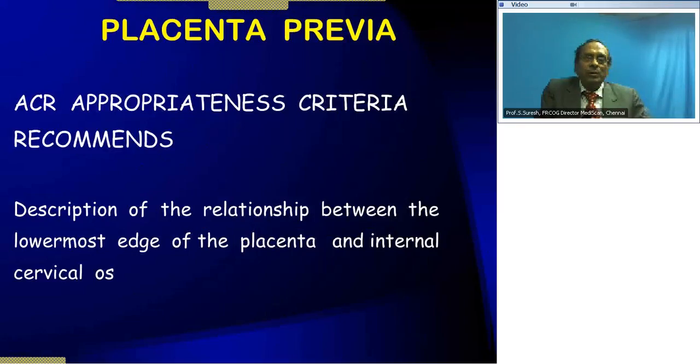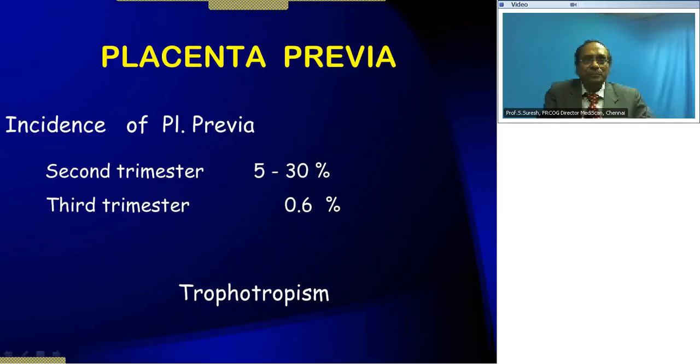Whenever you do a scan, when you report on the placenta, you always say placenta anterior or posterior, but take care that the lower edge of the placenta and the internal os must be identified as two separate structures. Find out how close they are or how far apart they are. If the lower edge of the placenta is less than 2 centimeters from the internal os, then we call it a low-lying placenta.